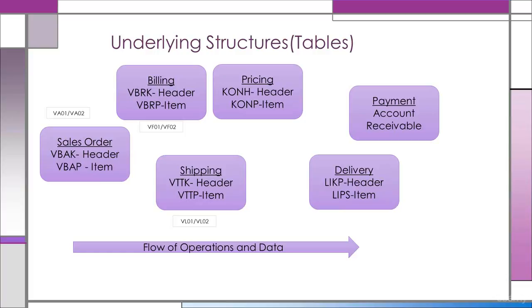Once the sales order is stored, we also need to store the other information. So billing is stored in two other tables called VBRK and VBRP. It's a header and item.